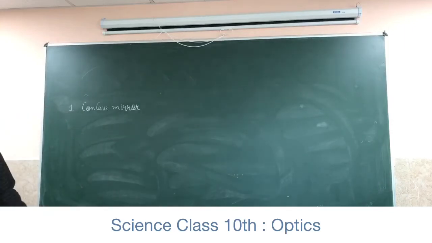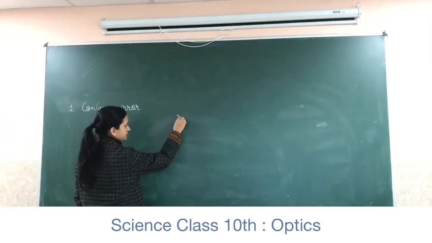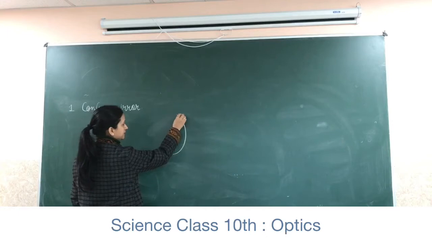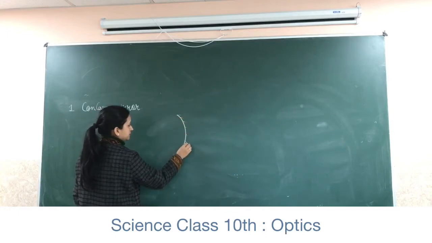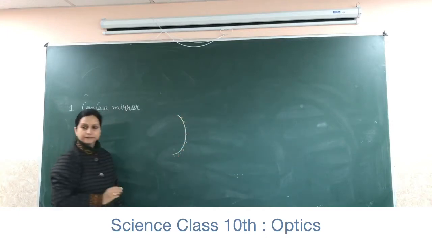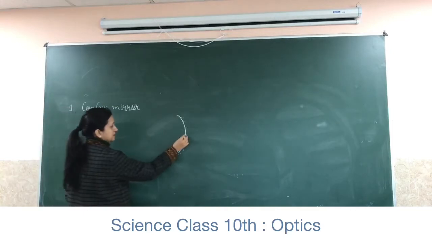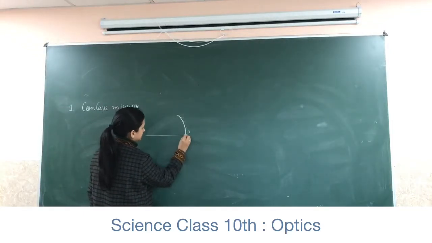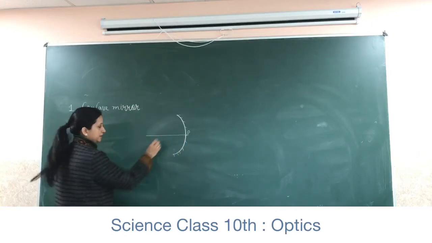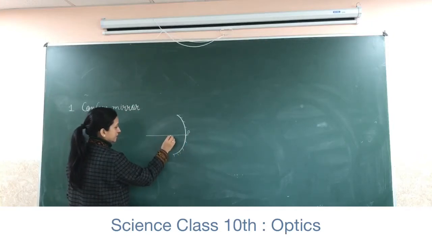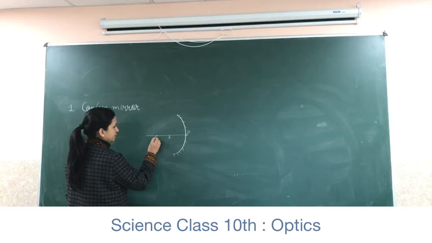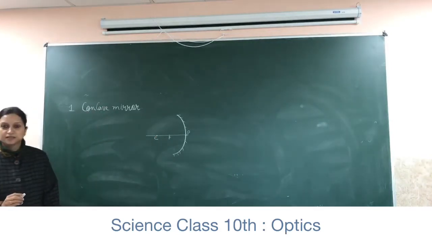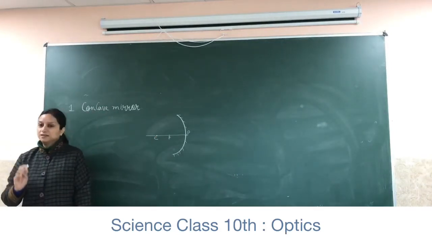Now this is your concave mirror. This is the pole of the concave mirror. This is the focus. This is the center of curvature. Now let's apply the sign conventions.